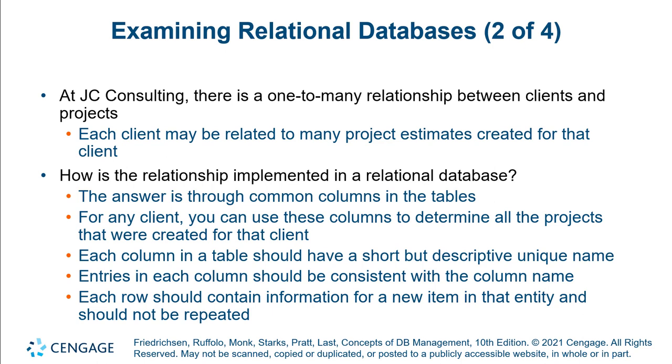And so each attribute or each column within a table should have a descriptive unique name, usually relatively short, that describes what that attribute is for that table. And so obviously, each entry in that column should have the appropriate data related to that attribute.